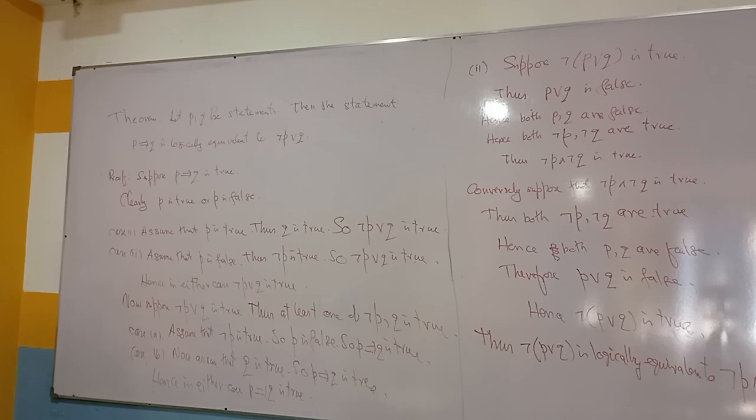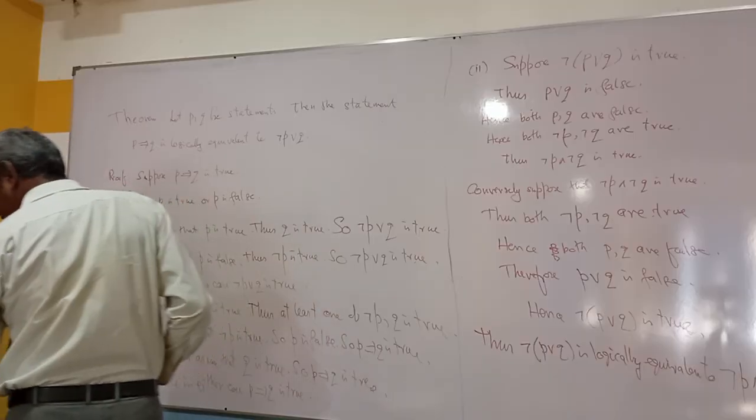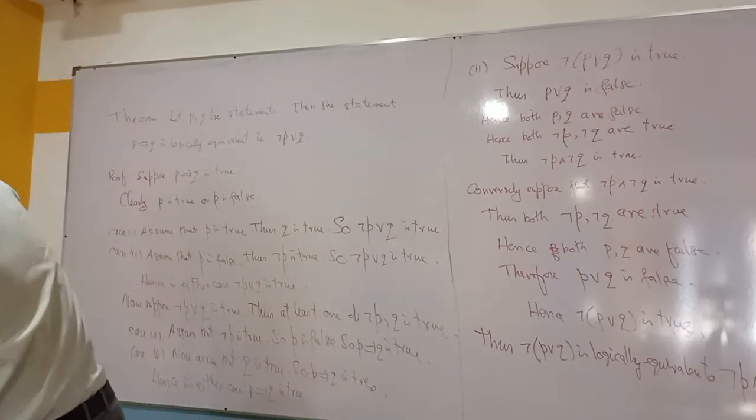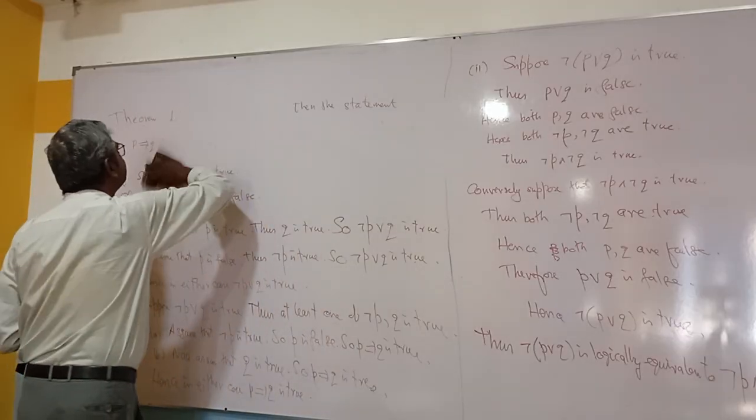Negation of them. Then page 67, exercise 2. Okay, let's do that some. Let us do it.